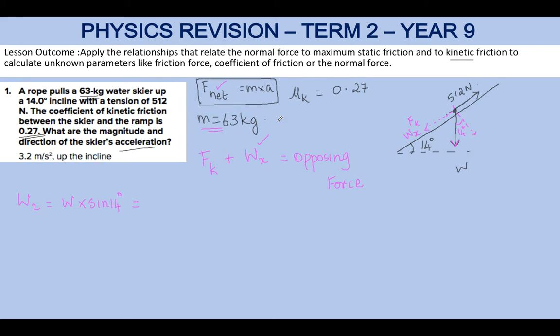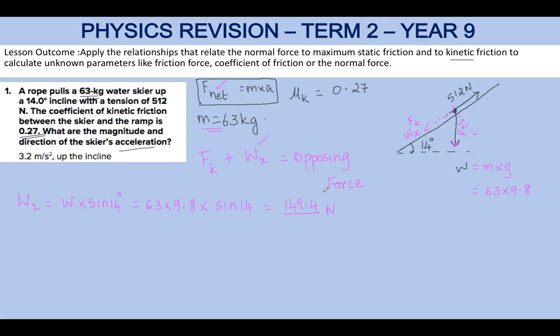No, you have the mass, so you can find W using m times g, which is 63 times 9.8. So it is 63 times 9.8 times sine 14 degrees, which gives 149.4.